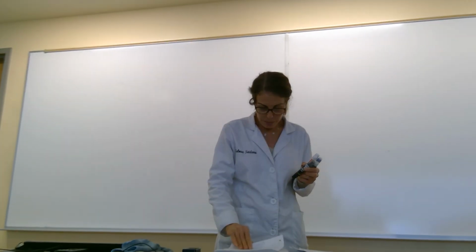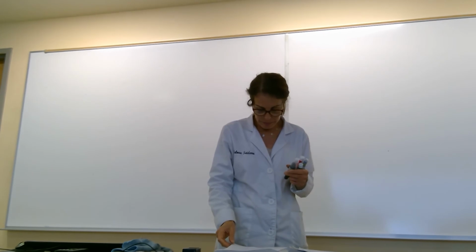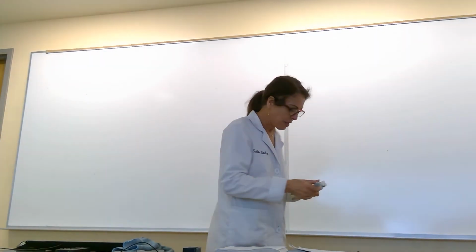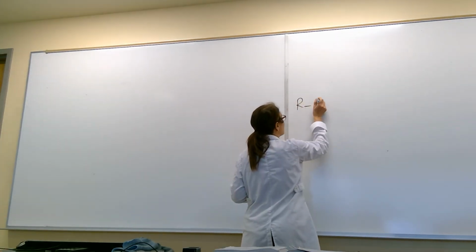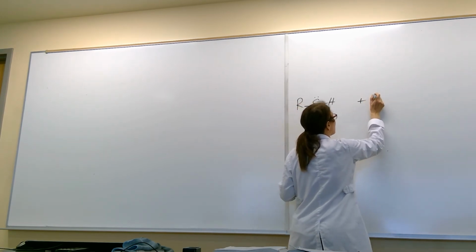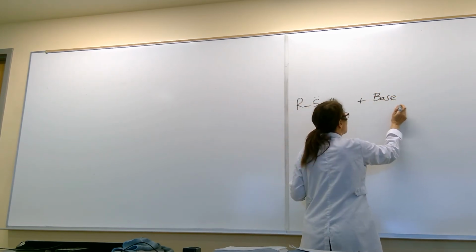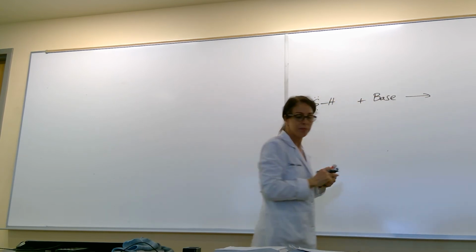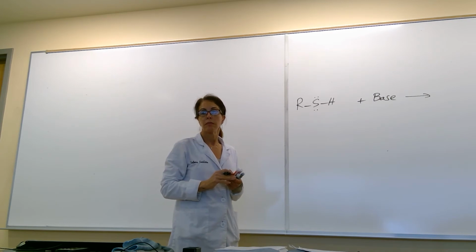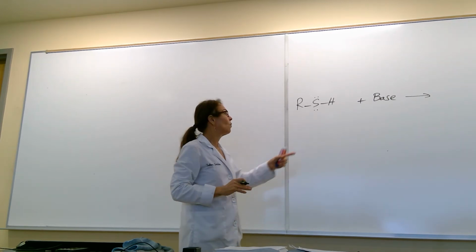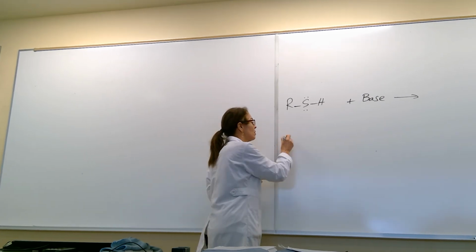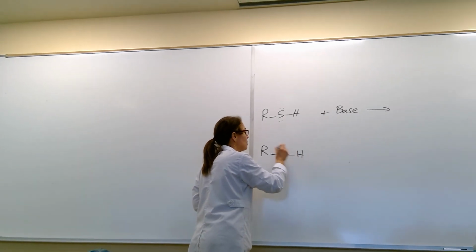Okay, so let's look at these. So if I start with RSH and a base, whatever it is. So what is the base going to do? How is this going to react? Remember, compared to ROH?